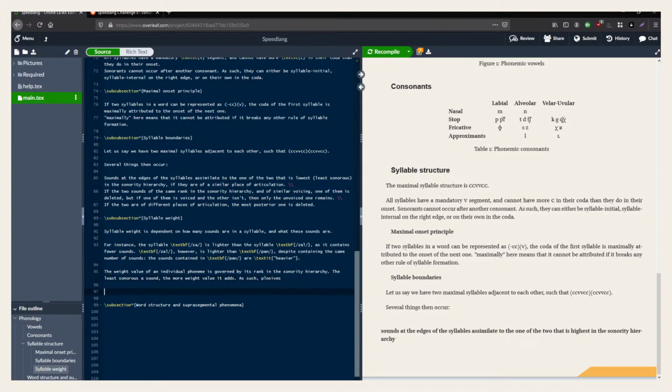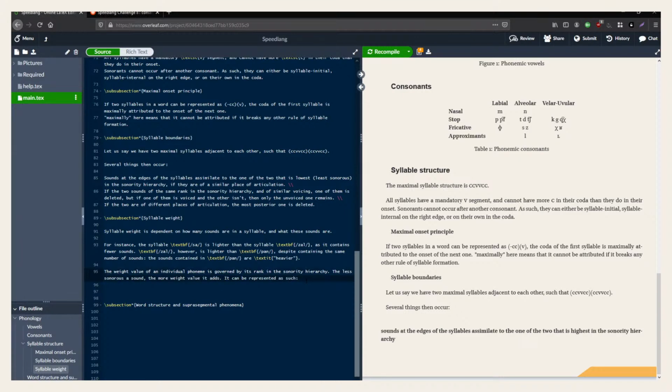So it's going to go with something like stops and affricates together. It can be represented as such. I'm going to put capital here. Oh yeah, the less.